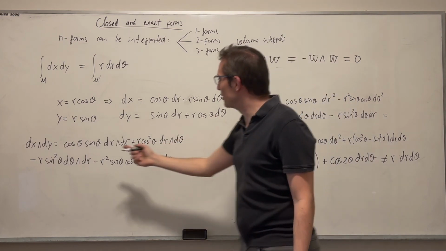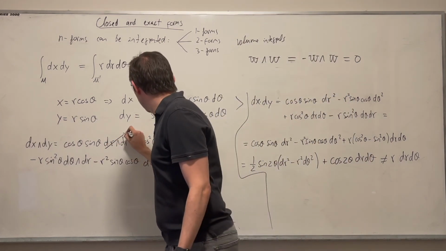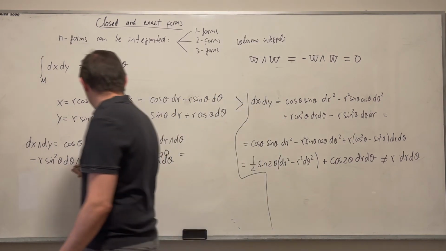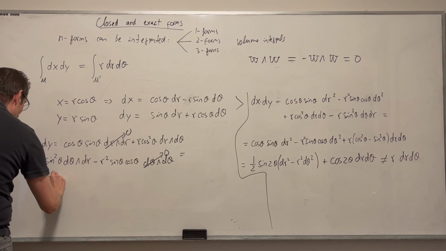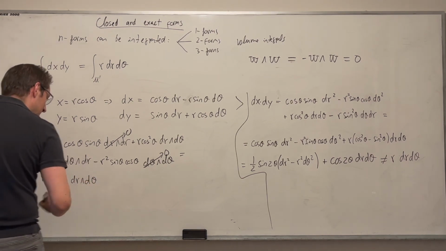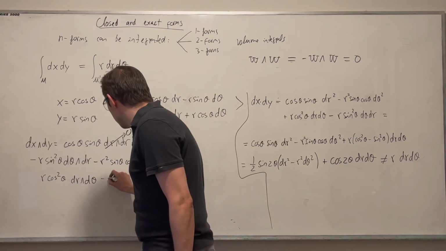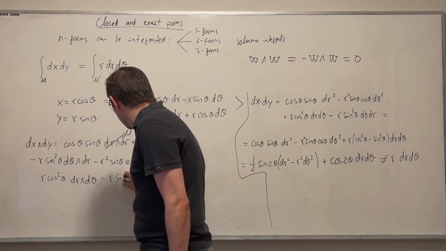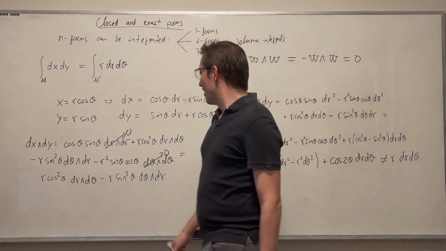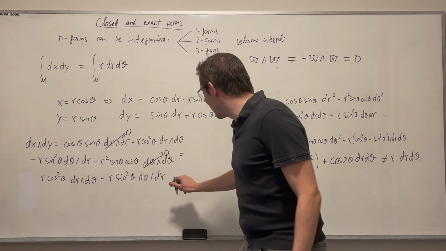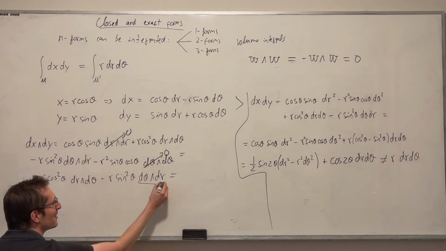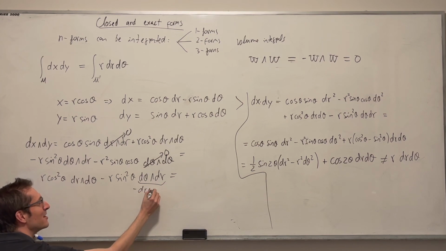So I know that the wedge product of dr with dr is zero. I know that this one is zero. And now look at what I get, let's just write it: r cosine square theta dr wedge d theta, minus r sine square theta d theta wedge dr. And now I can use the antisymmetric property to write this one as minus dr wedge d theta, right?